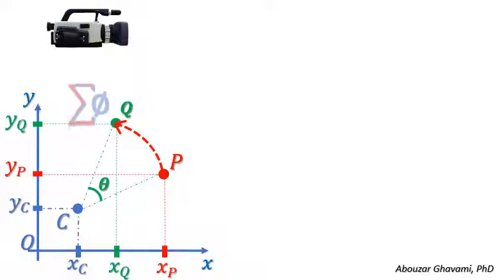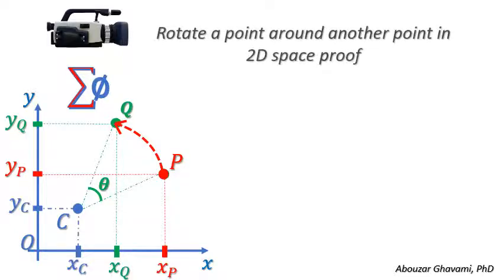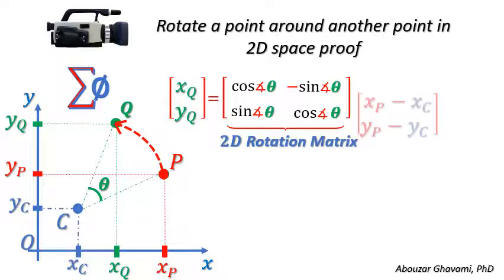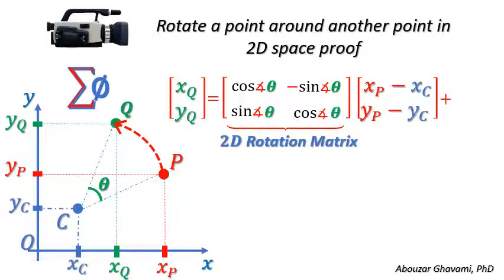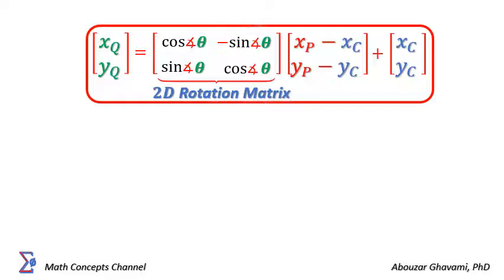In the video that is published in this channel with title Rotate a Point Around Another Point in Two-Dimensional Space, we showed that the coordinates of rotated point Q is derived as 2D rotation matrix times the difference between rotating point P and center point C plus the coordinates of center point C. To implement 2D rotation in Python, we define a function, call it here rotate2D, that inputs rotating point P, center point C, and angle theta, and outputs the rotated point Q.